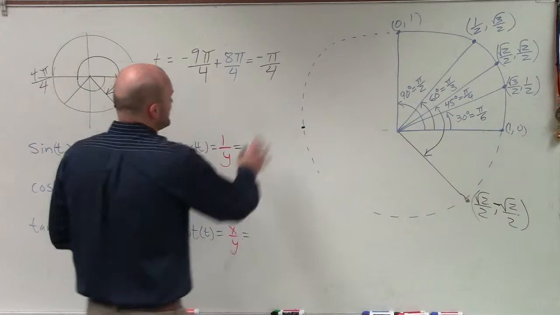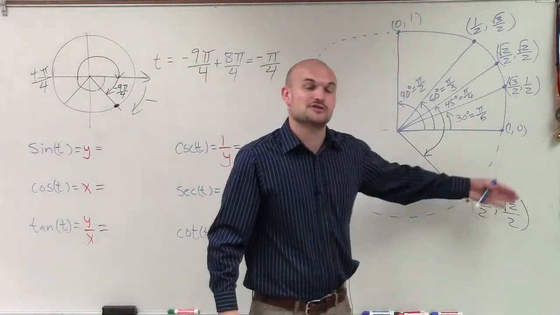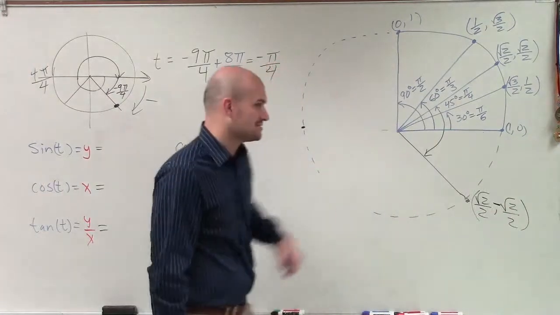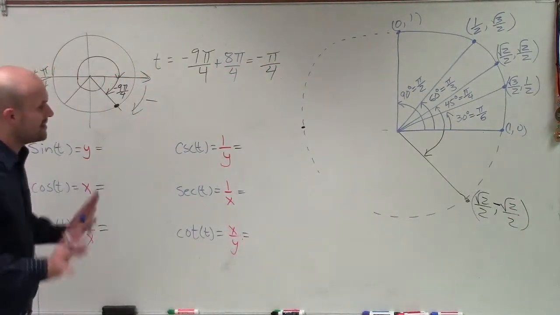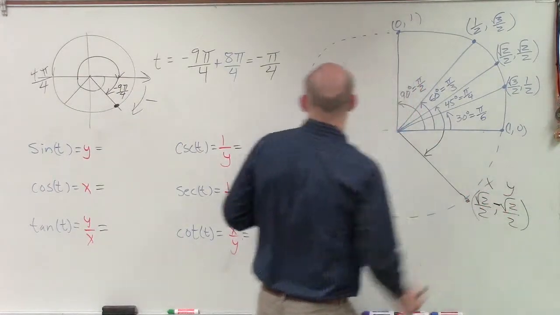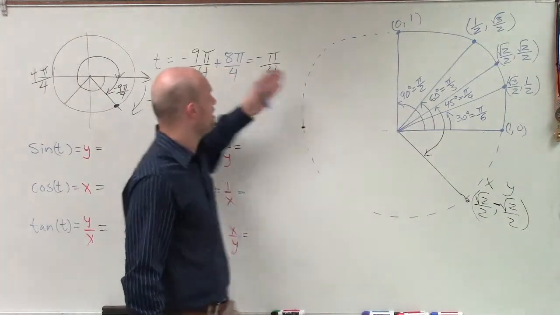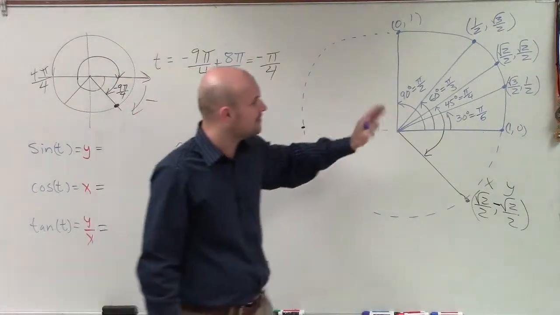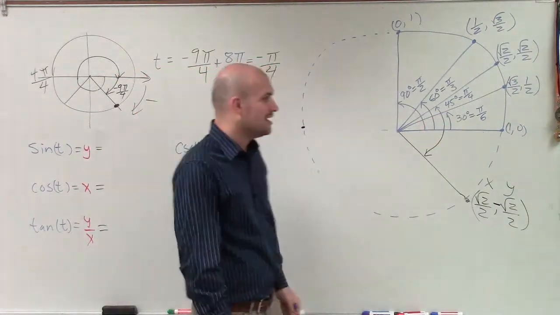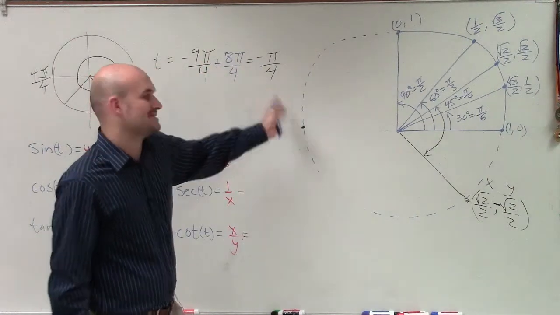Either way, your reference angle is going to be pi over 4, but it's in the fourth quadrant, so you know the y coordinate would be negative. Sorry, I had a little slip of the tongue there. So anyway, let's go with our point x comma y. I think finding the smallest coterminal angle, you can just see the point. You could also look at this in reference angle format, but I don't want to get too much into that. I think just by adding 8 pi over 4, we see where we stand, and we can find our point.